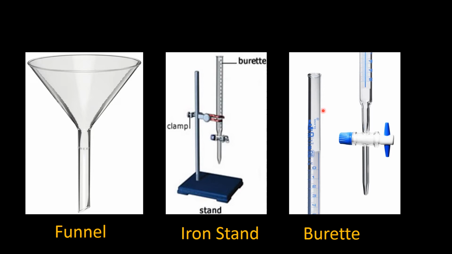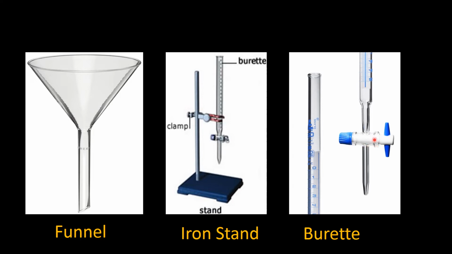One of the most important apparatus of titration is the burette. The burette is fully calibrated. It has a tap on one end. Basically this tap is used to control the amount of acid. We will drop the acid drop by drop into the base, and we control this dropping with the help of this tap.